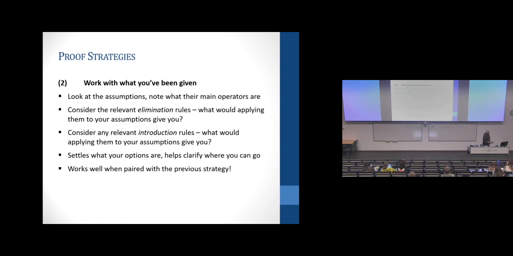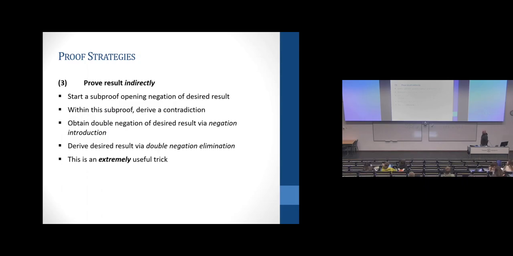The third bit of advice I have is something we haven't really done yet, but it's worth thinking about. And this is constructing proofs that are indirect. So what we do to prove something indirectly is we assume its negation. So we open a subproof with the negation of the sentence we want to get.